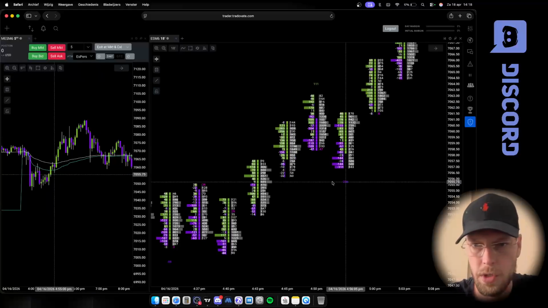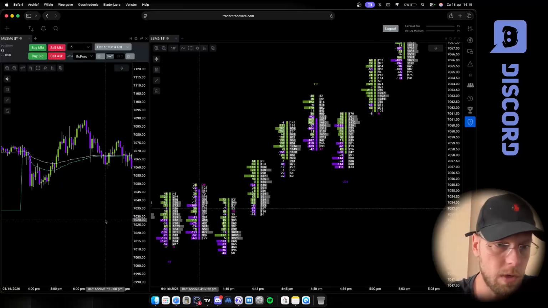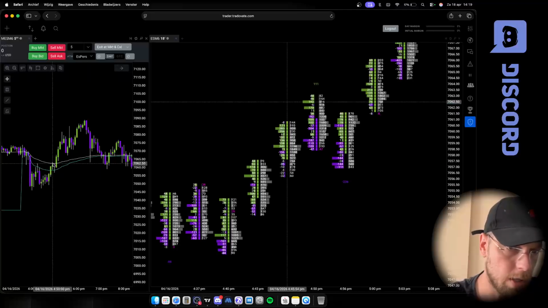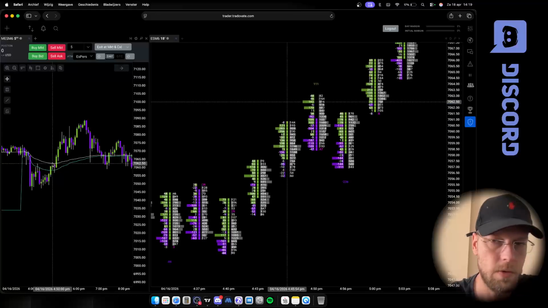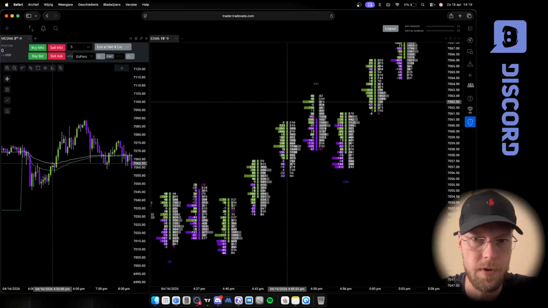VWAPs are very close to each other, so we definitely not take this one. That's this one. So we go towards daily VWAP, and you cannot short it. It's 3 points. You are not going to short something for 3 points profit.